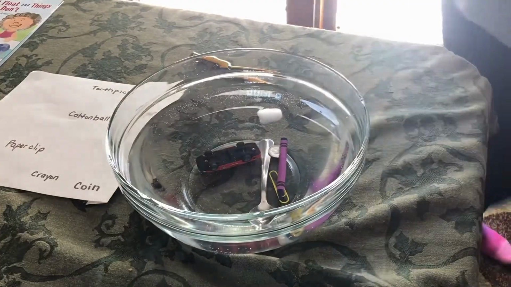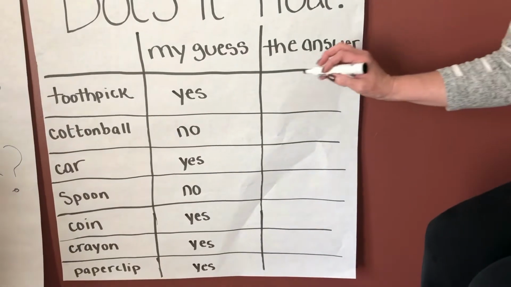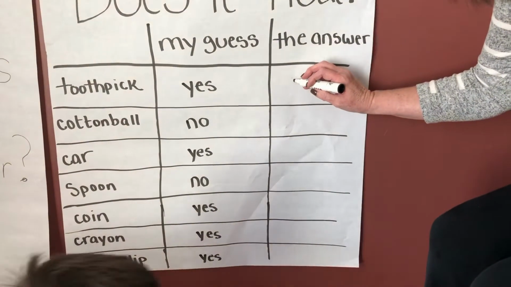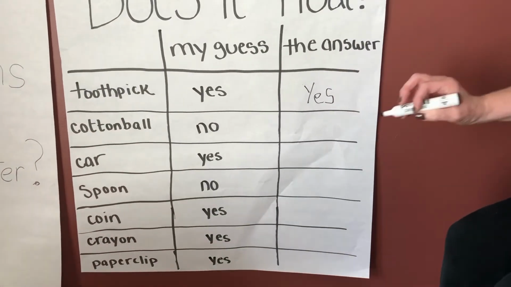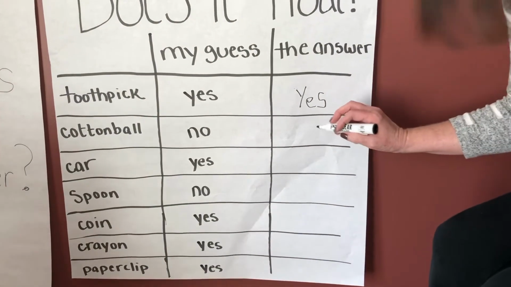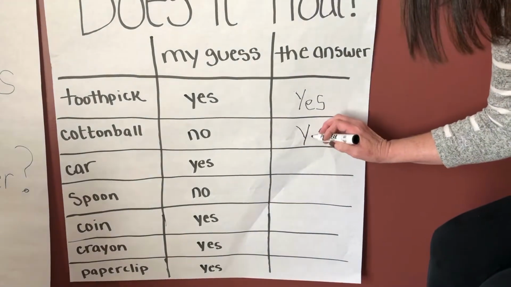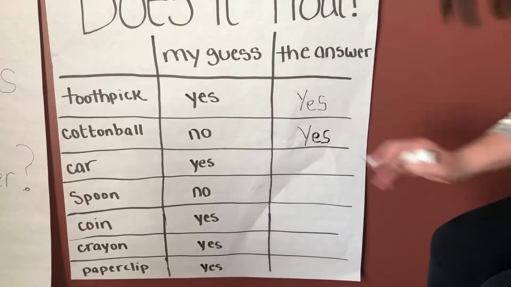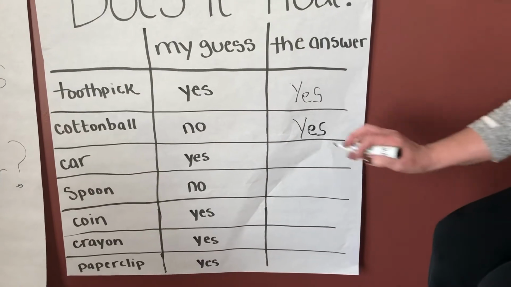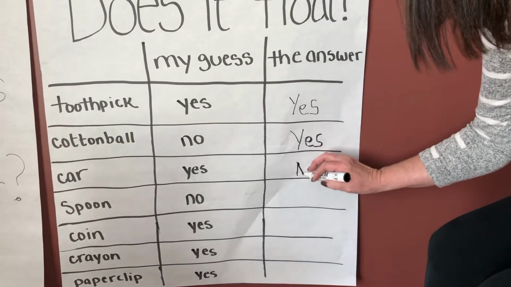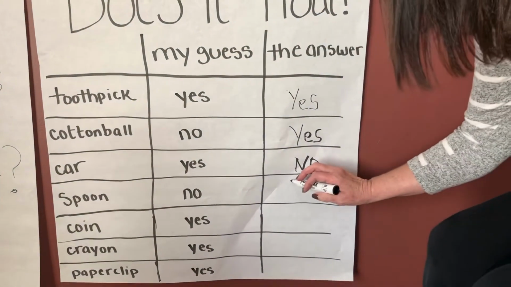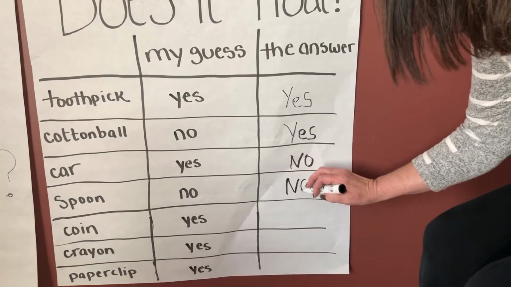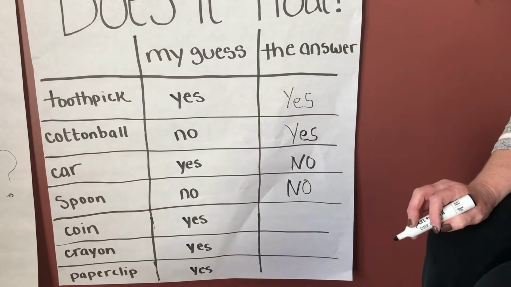Okay, our toothpick floated, so it's a yes. Our cotton ball floated, so it's a yes. Our car did not float, so it's a no. Our spoon did not float, so it's a no. Did our coin float?